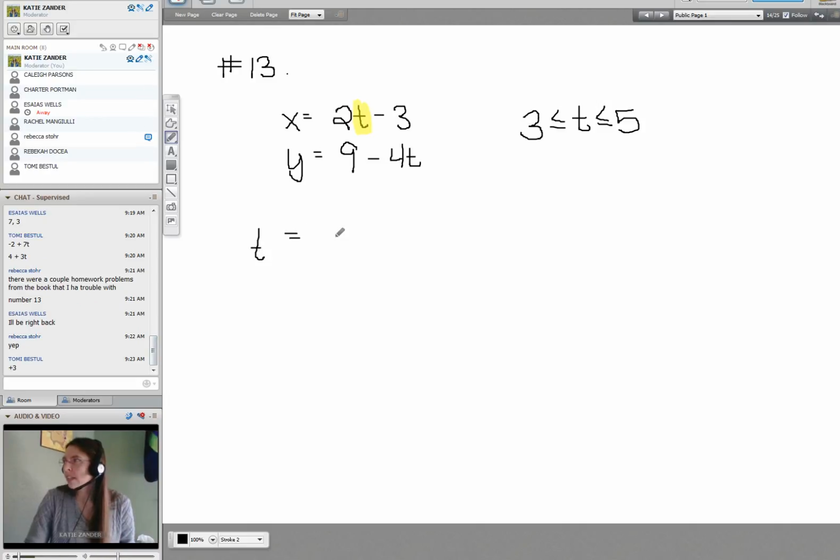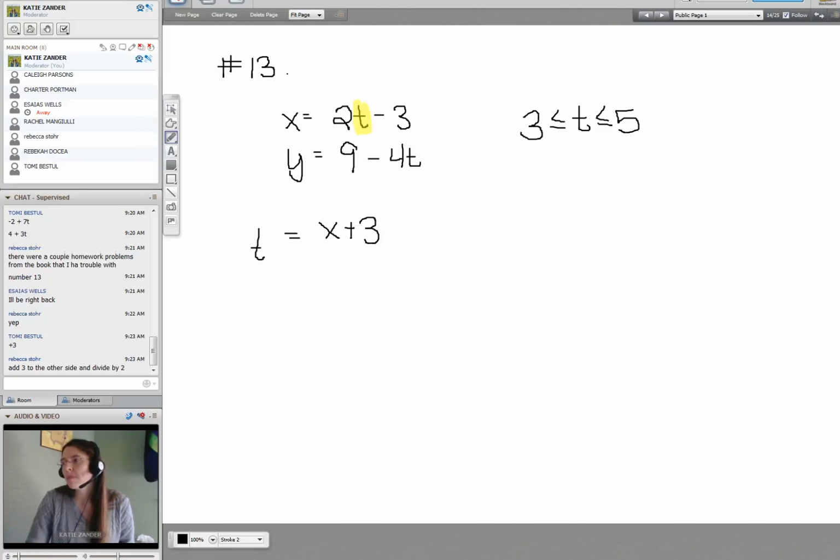Start by adding 3 to both sides, good, and then what's the last step? Divide by 2, yeah. Just make sure that everything is divided by 2 there. Okay, I'm going to go ahead and substitute that into the second equation.